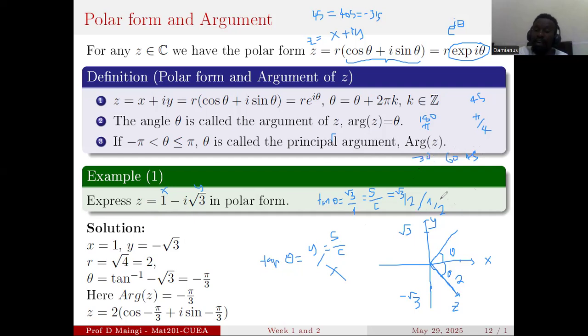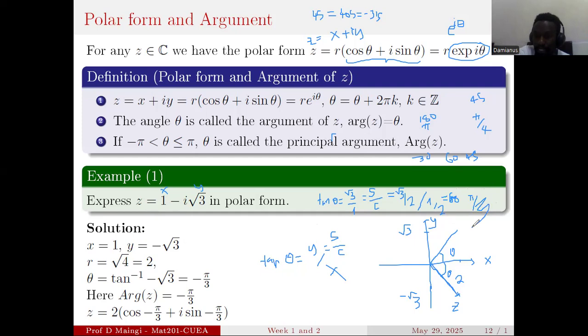So it turns out that that angle is 60 degrees. If you check your calculator, just take the tan inverse of the square root of 3, you will end up with 60 degrees. And if you translate this in terms of radians, you divide by 180, it is pi over 3.